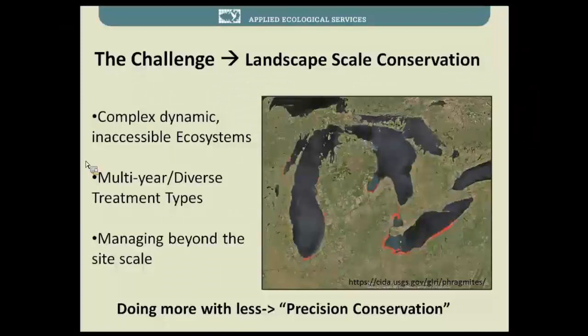What we've been learning is that thinking more in terms of precision conservation, where you actually have to understand the biophysical conditions in the locations where you're contemplating treatment, and then match the treatment strategies with those biophysical conditions and site dynamics, becomes really, really important, especially if you've only got one shot of money to begin the process of restoration.